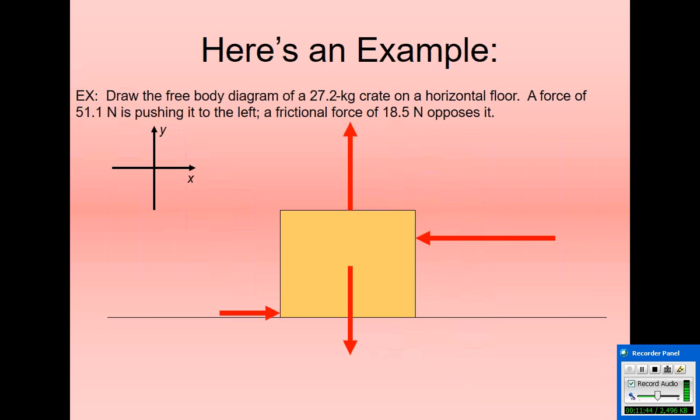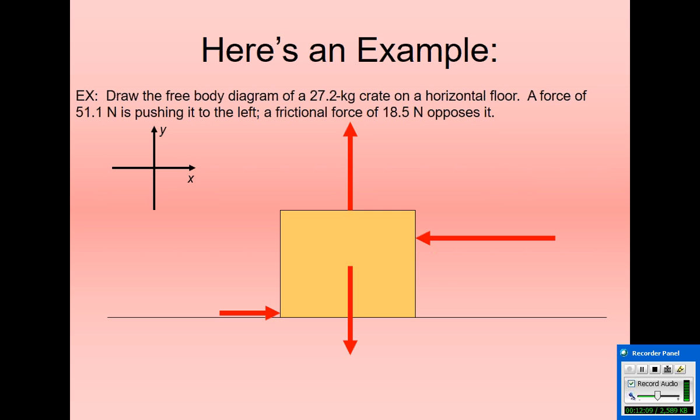Now, there are two other forces that are present here. We assume that this crate is on Earth. There's nothing in the problem to indicate otherwise. I don't know of any other locales in the universe that have a crate on them. So we assume it's near the surface of the Earth. There's a gravitational force acting down on it. The crate is trying to fall through the floor.